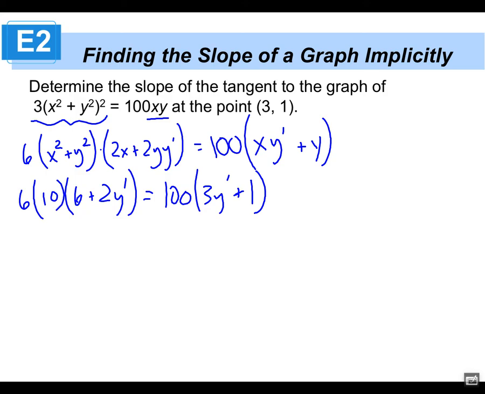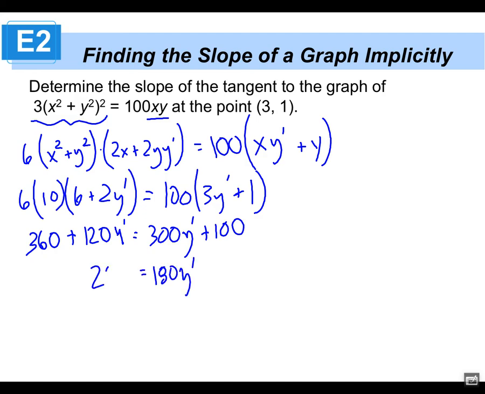So that 60 is 360 plus 120y prime equals 300y prime plus 100. 180 y prime is equal to 260. So therefore y prime is equal to 26 over 18, or 13 ninths.